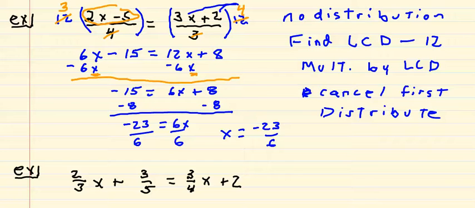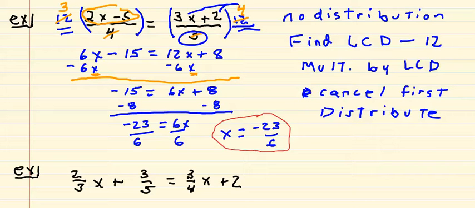The important thing here is that we multiplied both sides by the least common denominator. We canceled, and then we distributed. 4 times 3, 4 times 2, and we're good to go. Once you get rid of the fractions, the problem is easy.